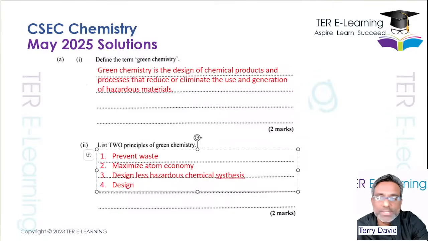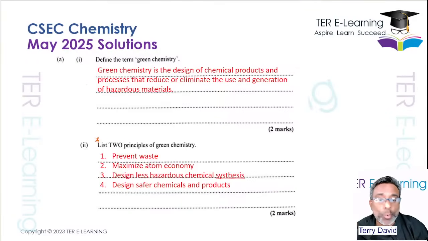Design safer chemicals and products. And you have a whole set, so you have 12 to choose from. They just said list 2, and they said list there, which means you could just put one-liners here and you'll get the marks. So that's 2 marks here.